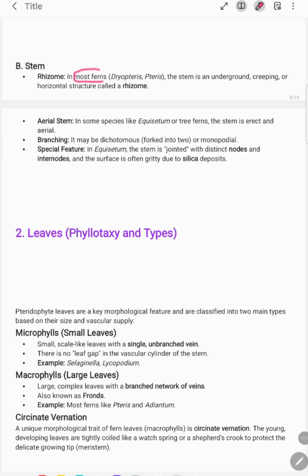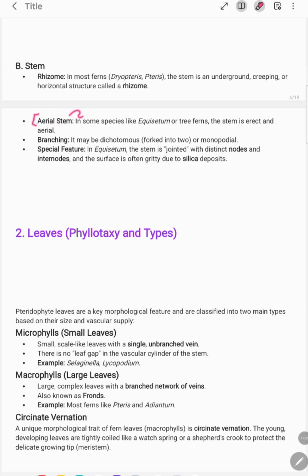In most ferns, the stem is underground, present beneath the ground, and it is creeping in nature, a horizontal structure, which is known as the rhizome. I hope you understand what rhizomes are. In ferns, the stem is an underground, creeping, horizontal structure, which refers to the rhizome.